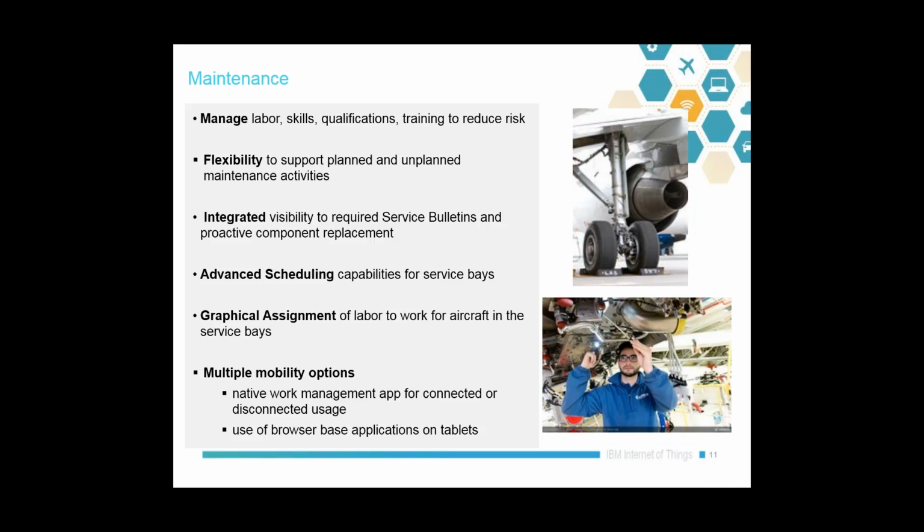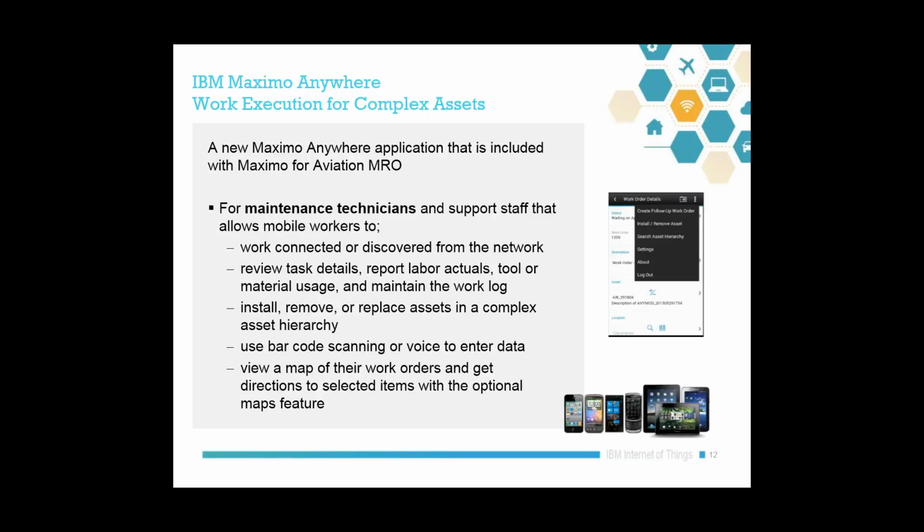I think this continues on with the overall strategy within Maximo and IoT in general, which is recognizing the fact that there are connected environments and disconnected environments that we need to deal with. Chris has gone on to the next slide, which was anticipating where I was going. We deal with both the connected and disconnected environments. We deal with more browser-based applications via Everyplace, or we deal with Anywhere and introducing applications around Anywhere.